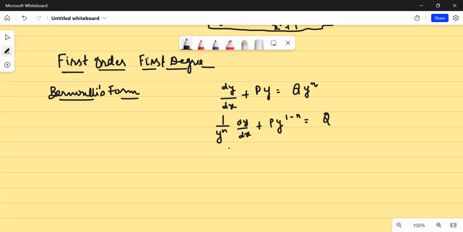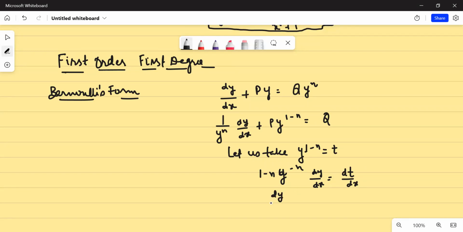And now let us take y to the power 1 minus n as some t. If you take this up, you will get 1 minus n y to the power minus n dy by dx as simply dt by dx. So dy by dx into 1 upon y to the power n, you will get 1 upon 1 minus n dt by dx, and all other things follow.